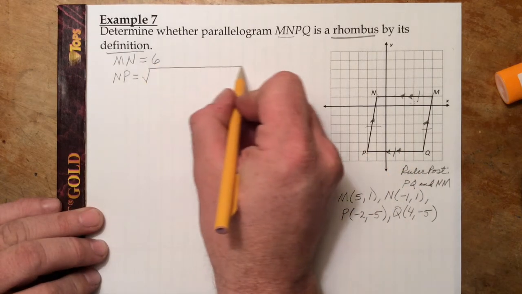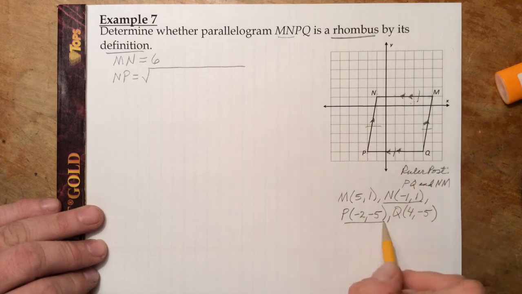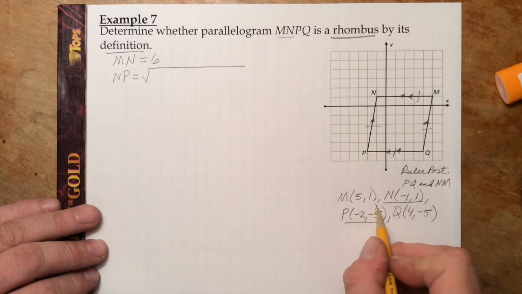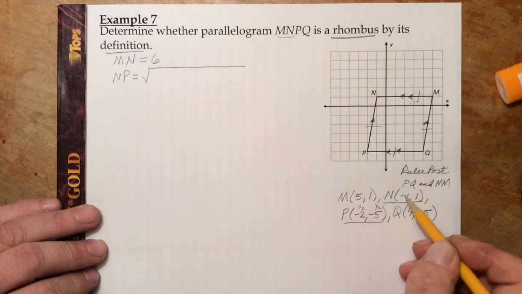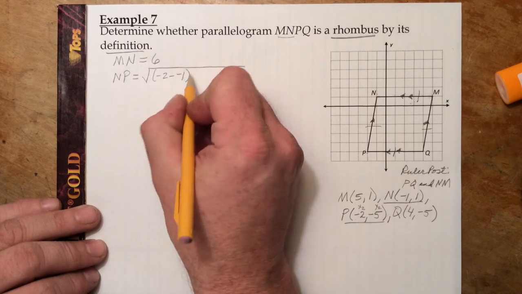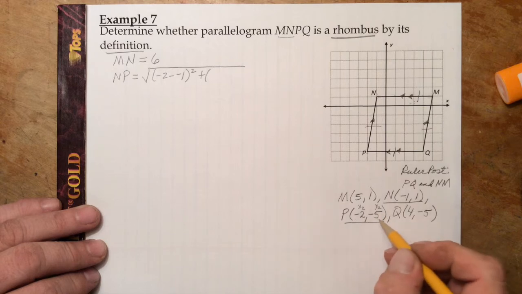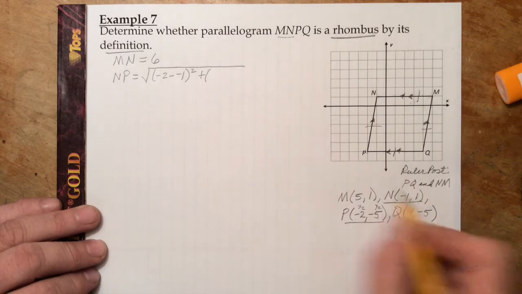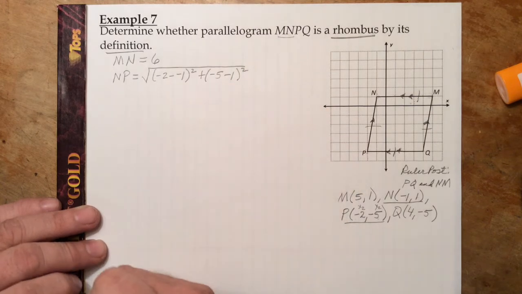So we have the square root of. Using N and P, I'm going to let P be my second point. So this would be y2 and x2. Starting with x2, we have -2 minus -1, quantity squared, plus, and back over here to y2, -5 minus 1, quantity squared.